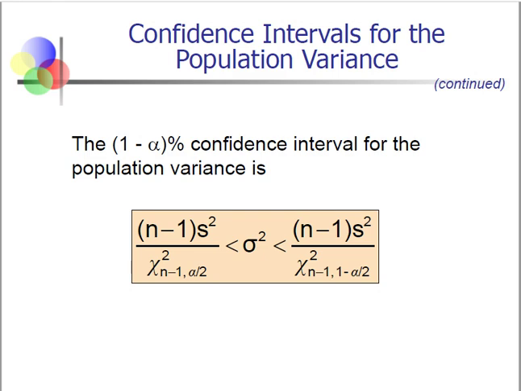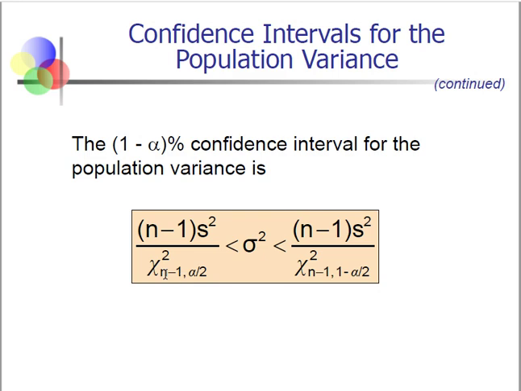So the formula for construction of the interval for population variance is just this formula, n minus 1 multiplied by the sample variance divided by the chi-square value.